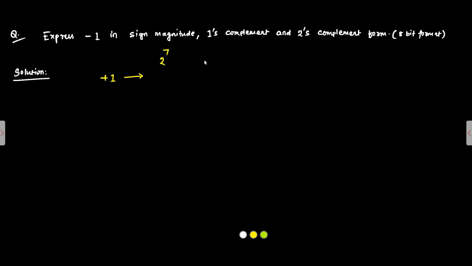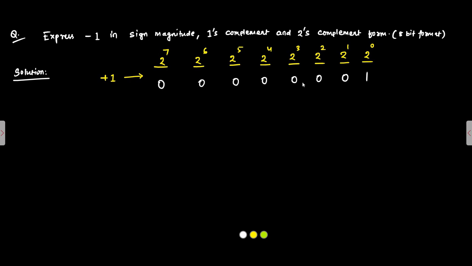Always follow this process, it will be easy. 2 to the power 7, 6, 5, 4, 3, 2, 1, 0. So +1 is 1, so here we'll have a 1 bit at the 2 to the power 0 position, the LSB position, and the remaining bits will all be 0. So all zeros with 1 in the LSB.